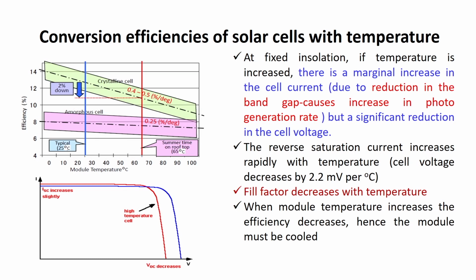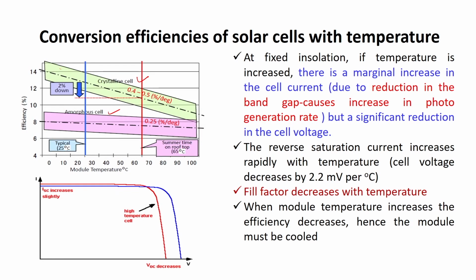In this phenomenon, for example, if we consider two different silicon based solar cells, crystalline and amorphous, you can see how the efficiency of the cell decreases with increase in the operating temperature. Okay.